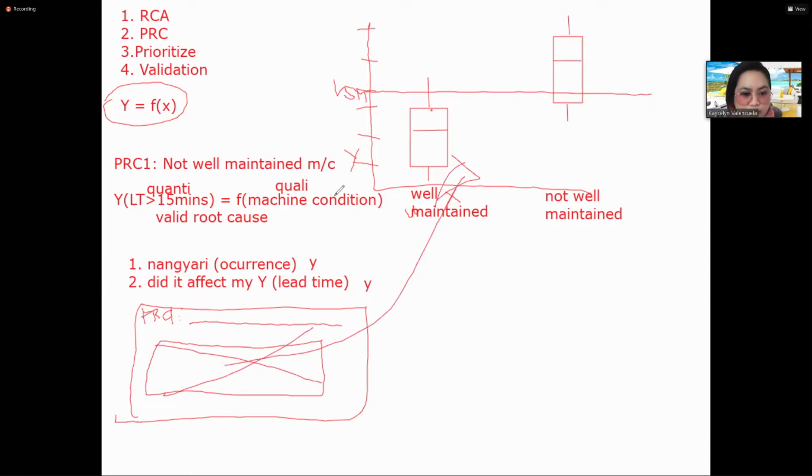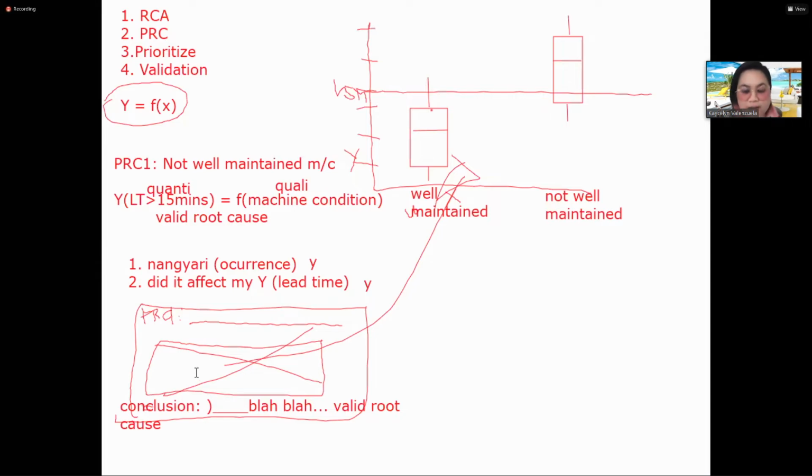And then, show here your conclusion, sa baba, your explanation. Then, it's a valid root cause. Okay? That's how you will create your slide, your project when you do the validation.